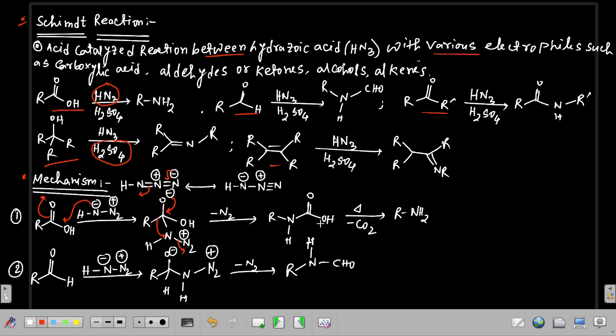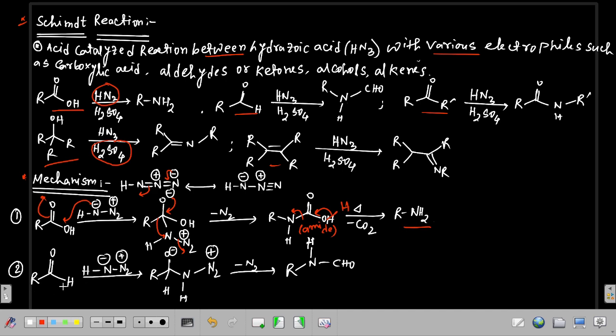So it leads to the formation of RNHCO2H, which is a type of carbamic acid. Now if we are heating, there will be removal of CO2. So if CO2 is removed, it leads to the formation of amine.